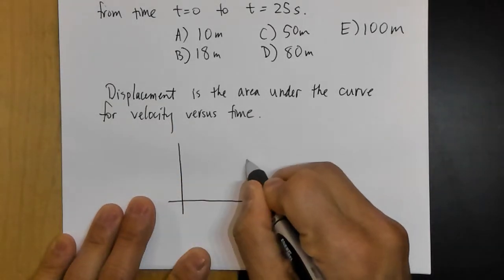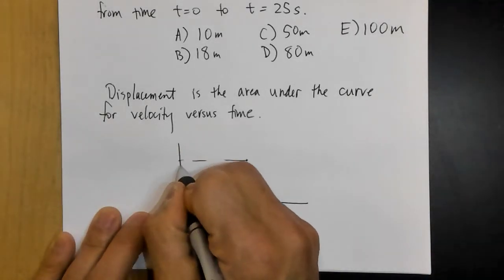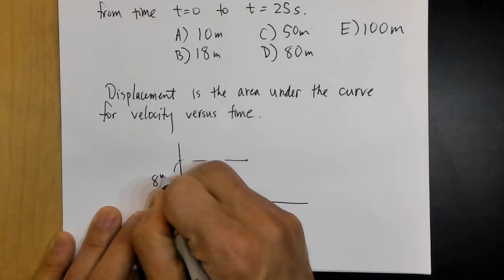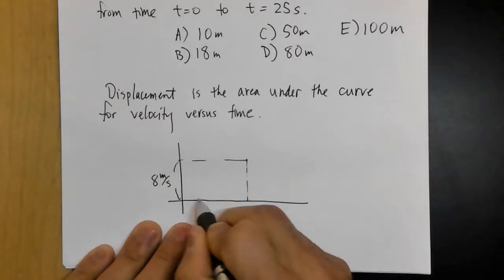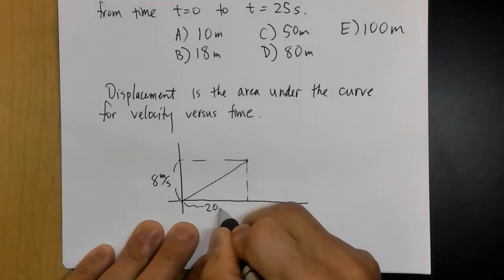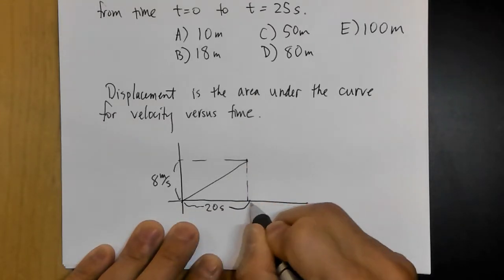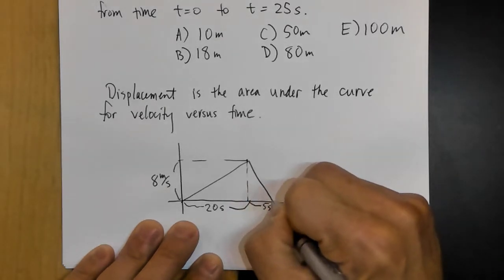So we have this point here. We said it was 8 meters per second. And this one was 20 seconds. And then we had a 5-second interval, and it went down like this.